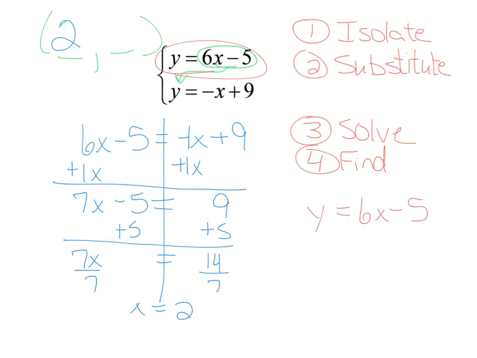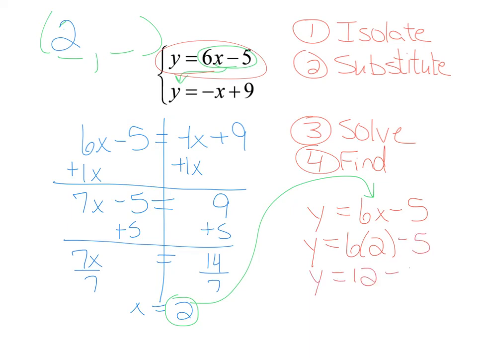And everywhere I see an x, I'm going to substitute a 2. So y equals 6 times 2 minus 5. That's 12 minus 5. And y is 7. So when x is 2, y is 7, and these two lines intersect at the point 2, 7.